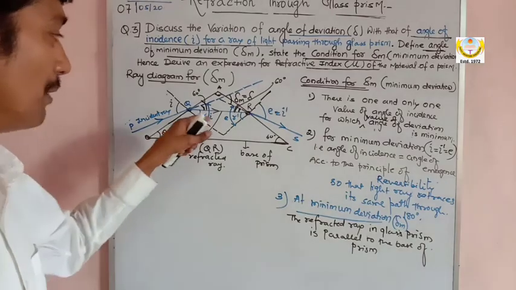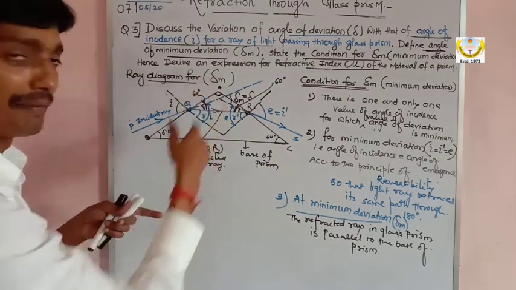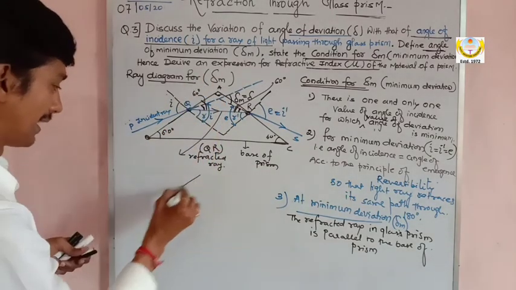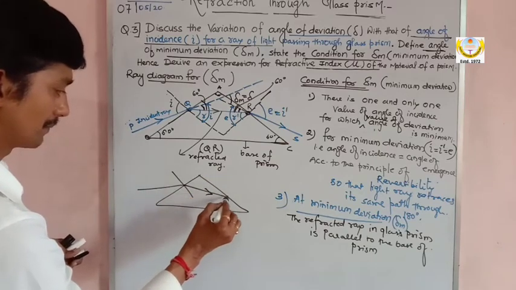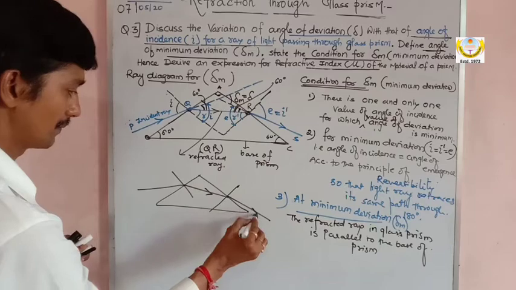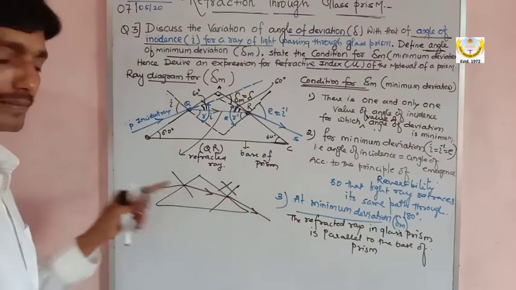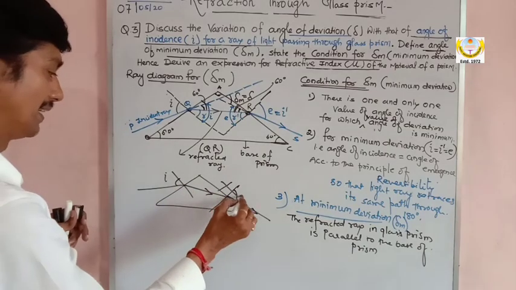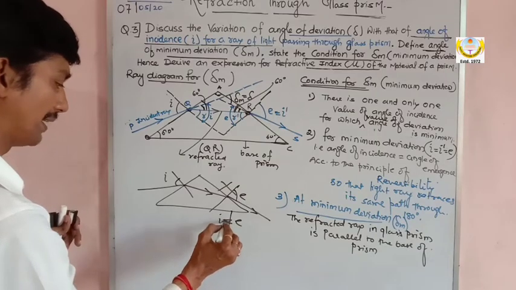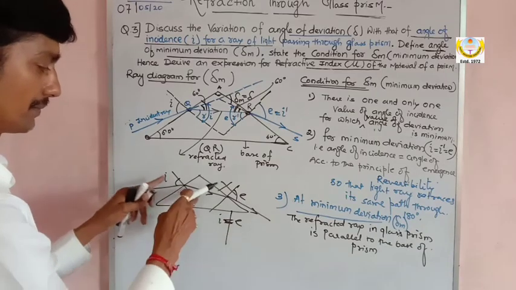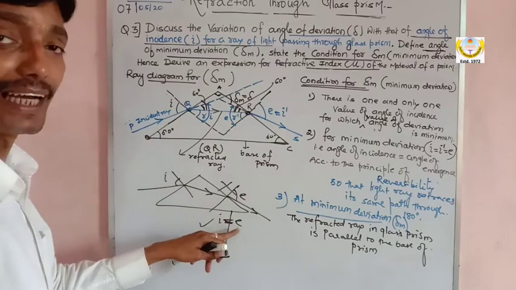In the diagram for minimum deviation, if you are bending the ray of light like this, it is the wrong diagram. Here you cannot say I and E are equal. This is a diagram where I and E are not equal.